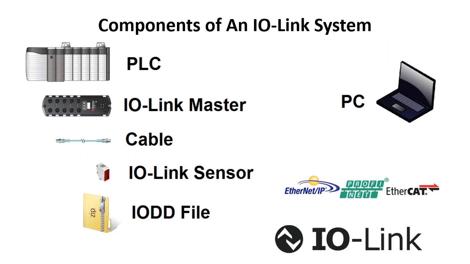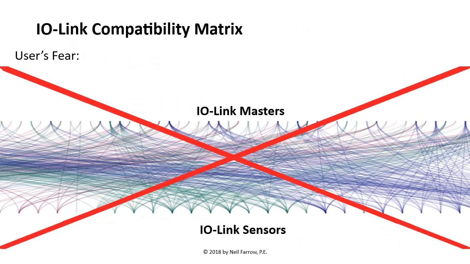These are the components of an IO-Link system. You only need the laptop for configuration. This shows the fear of many people about IO-Link, and it's not true that you're going to have to pick the right master in order to use your desired sensors, and you can really use any master with any sensor.